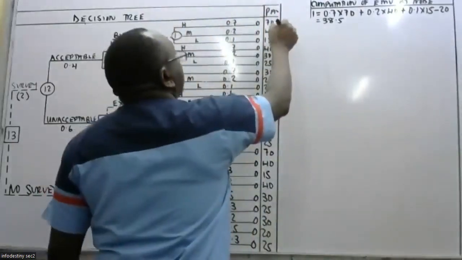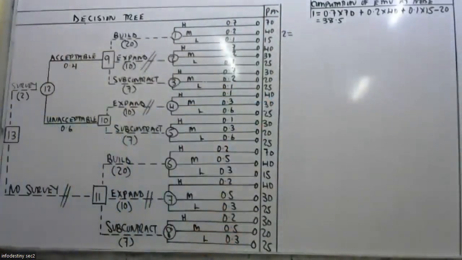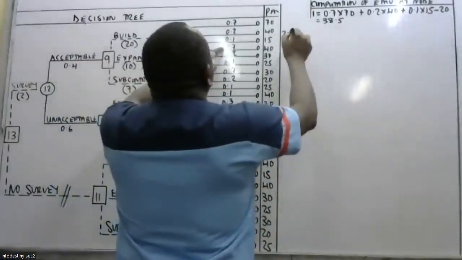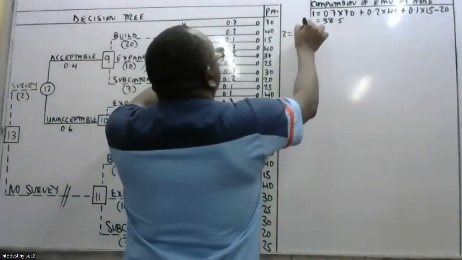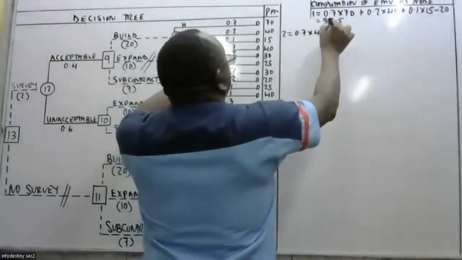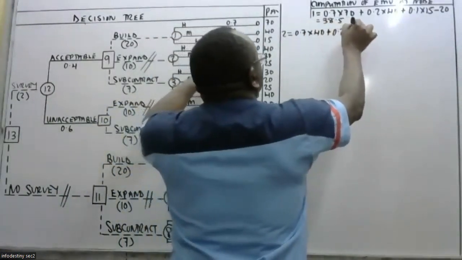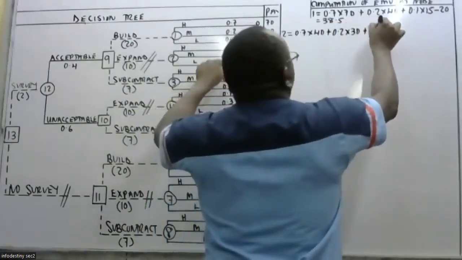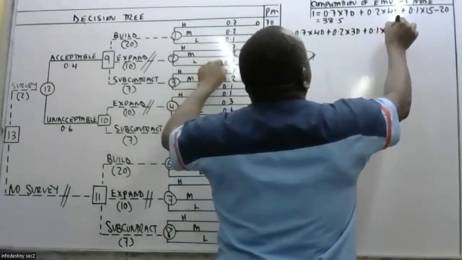Let us go to number 2 and do the same thing. So number 2, it is 0.7 multiplied by 40 plus 0.2 multiplied by 30 plus 0.1 multiplied by 25.